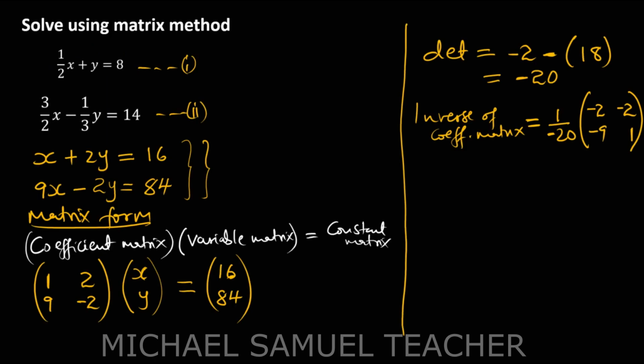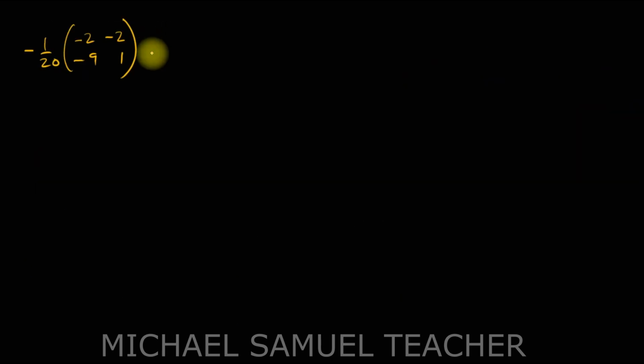So the inverse is minus 1 over 20 times the matrix minus 2, minus 2, minus 9, 1. Then I have 1, 2, 9, minus 2, multiplied by x, y, which will be equal to minus 1 over 20.